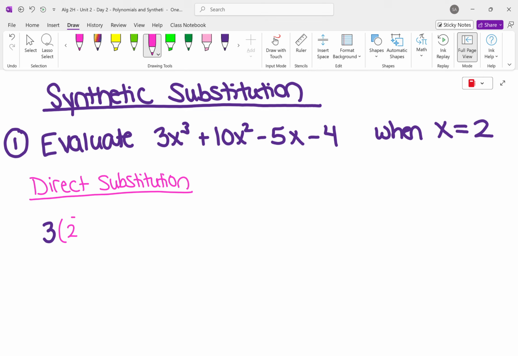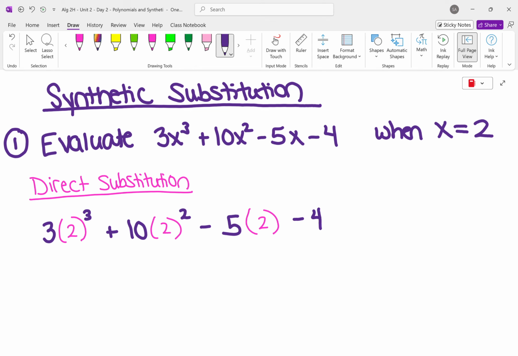We have 3 times 2 to the third power plus 10 times 2 to the second power minus 5 times 2 minus 4.